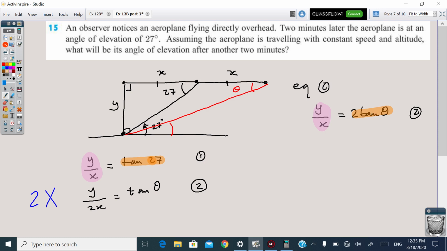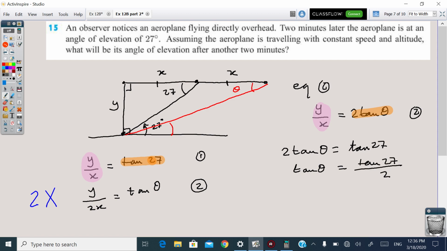And we can set up a new equation. 2 tan theta is equal to tan 27. Thus, tan theta equals tan 27 over 2. All over 2. It's not half of the 27.